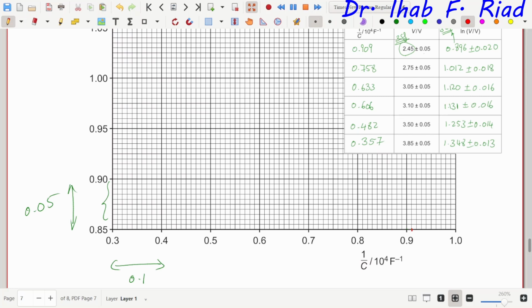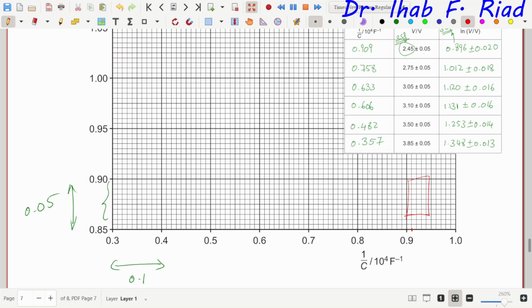What about the y value, 0.896? How to calculate that? We know it is going to be somewhere over here. How to decide that?